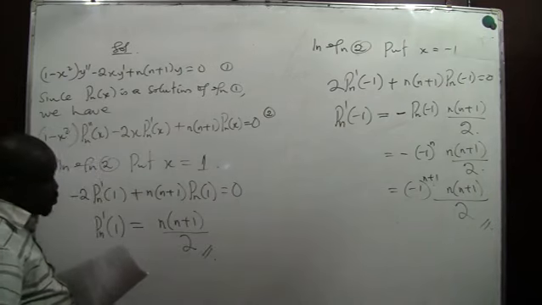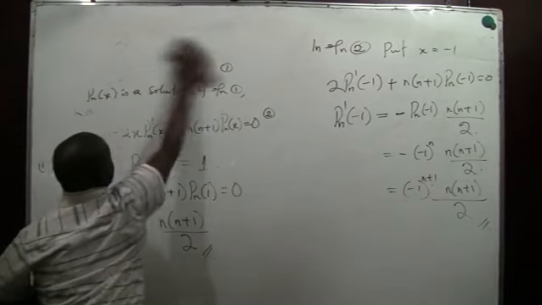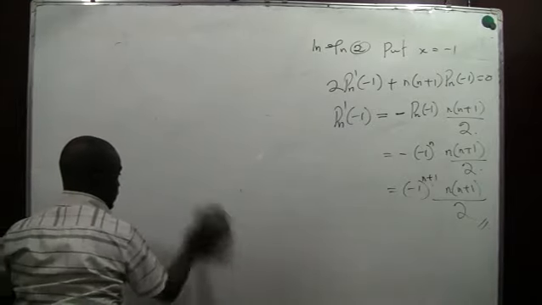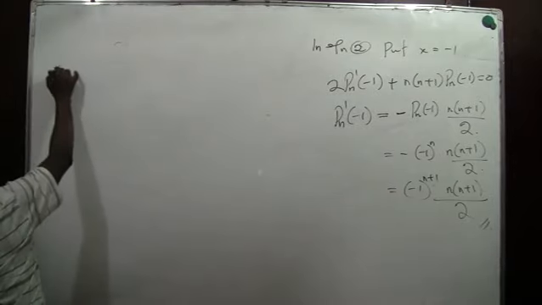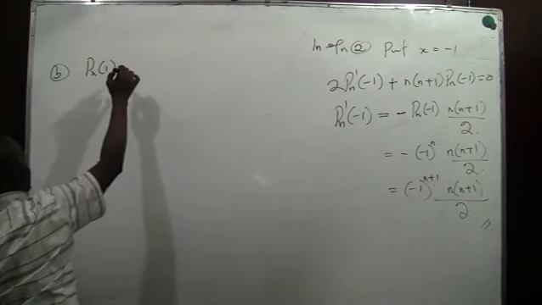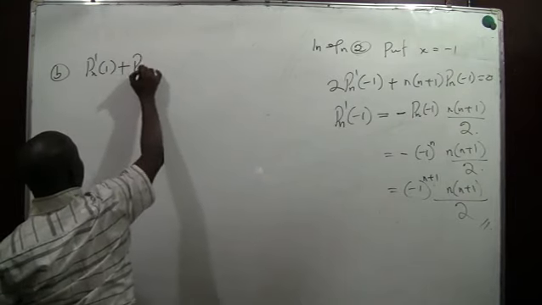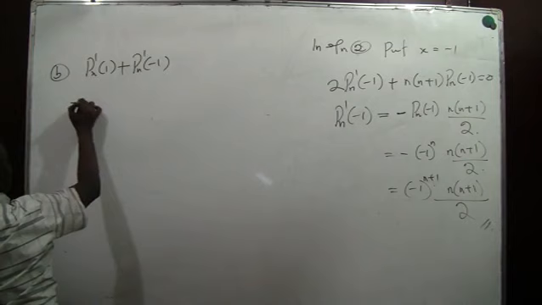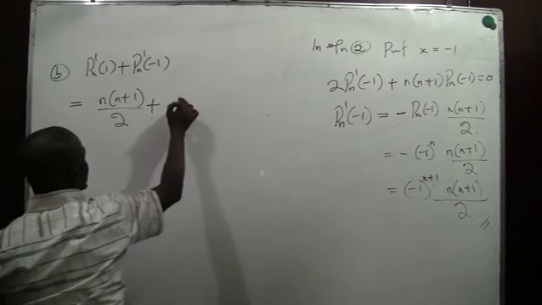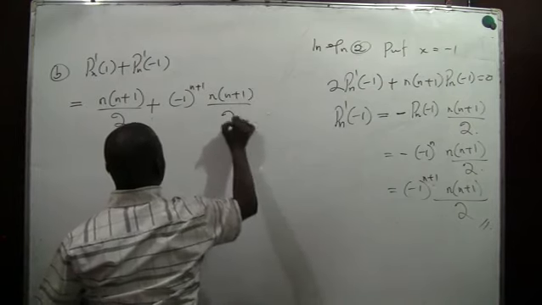Let's now take the B part of the problem. We are to add the first solution and the second solution and generate values for that. We have Pn'(1) + Pn'(−1) = n(n + 1)/2 + (−1)^(n+1) n(n + 1)/2.